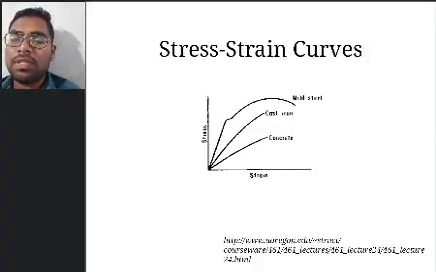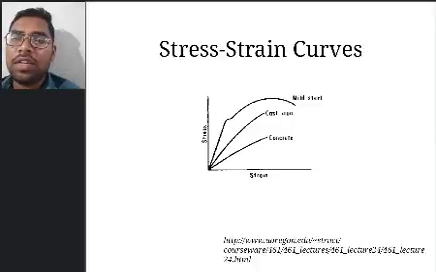Then comes the upper yield point. It is the maximum stress at which the object tends to deform permanently. Then comes the lower yield point. It is the point where the object will deform even for a little stress.